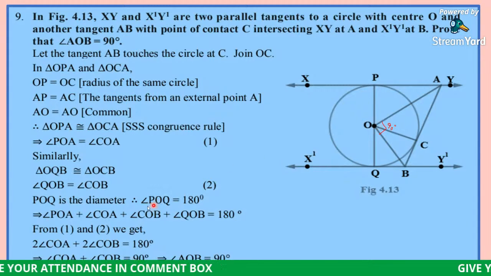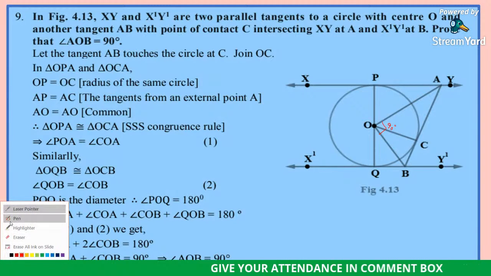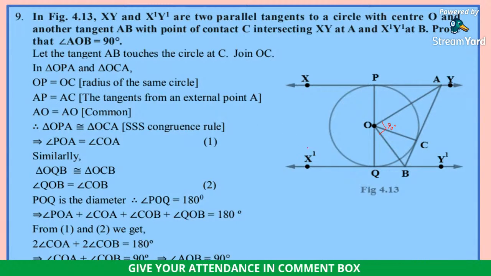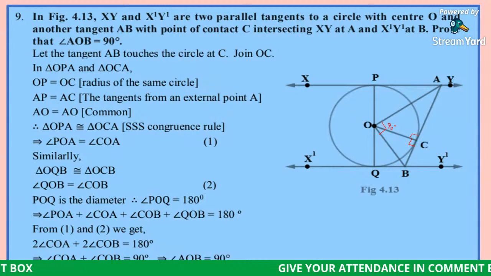Why are we going to take this? Because it will help you to prove here. At this point, this will be the point of contact and the angles will be 90 degrees.